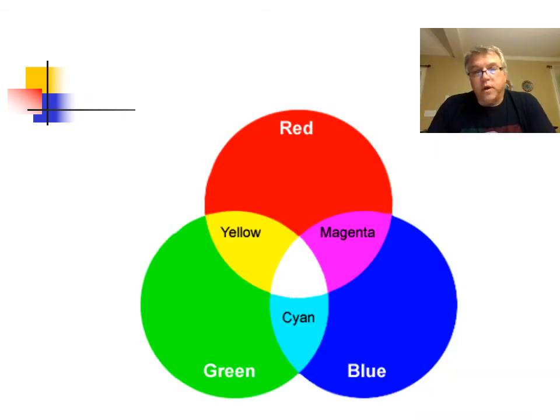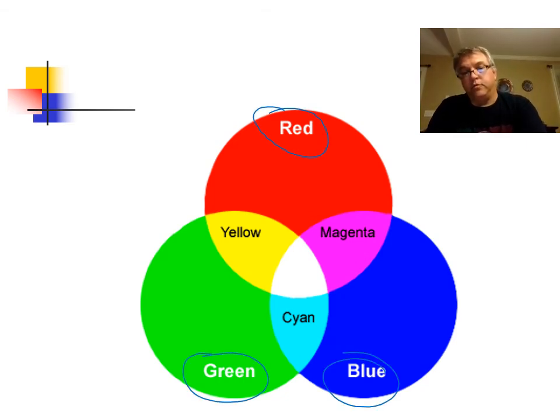This is just a color wheel that kind of describes what I spent the past couple of slides telling you. We have our 3 primary colors of light. We have red, green, and blue. Those are my 3 primary colors. If I combine green and blue, I will have cyan. So that's my combination of green and blue.